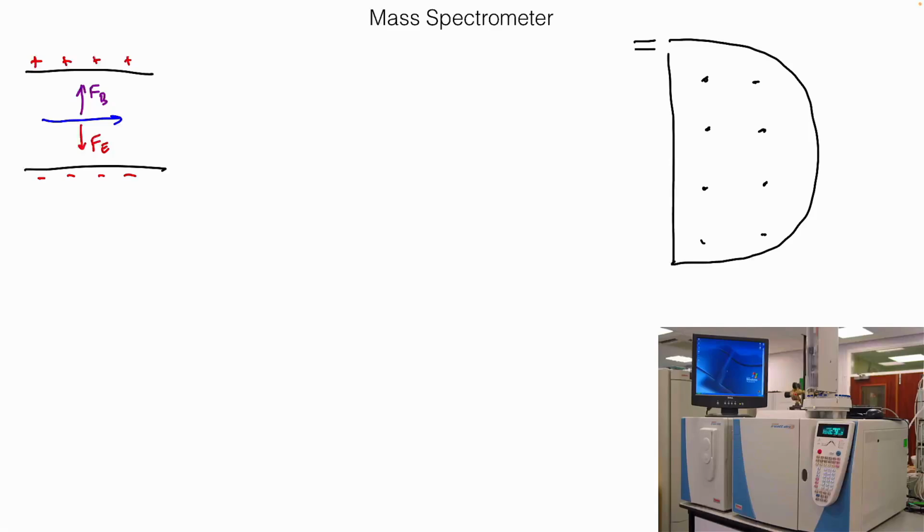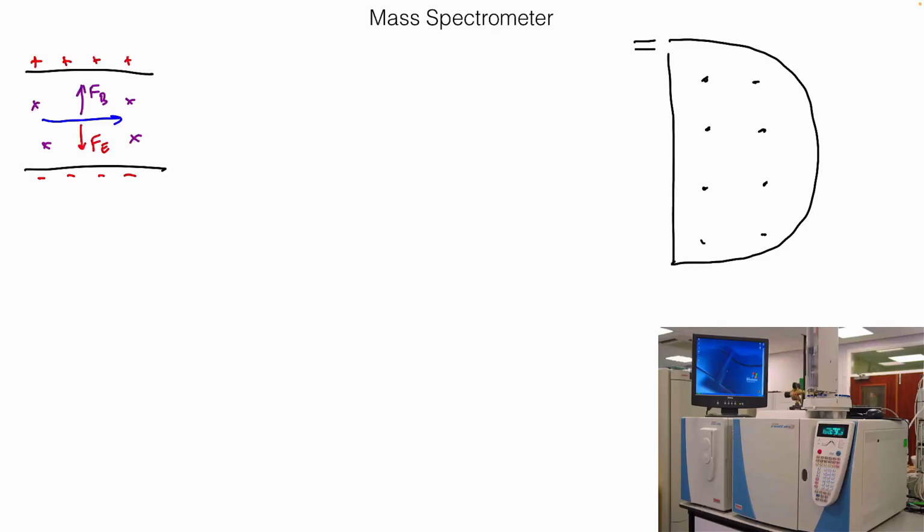Okay. Which way would I need a magnetic field in the velocity selector in order for the magnetic force to be up? Well, I know my V is to the right. I want my force to be up. So which way does the magnetic field need to point? Into the screen. So I get a magnetic field like this in here.